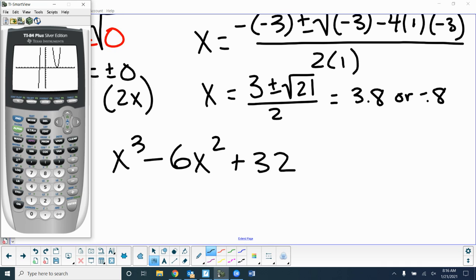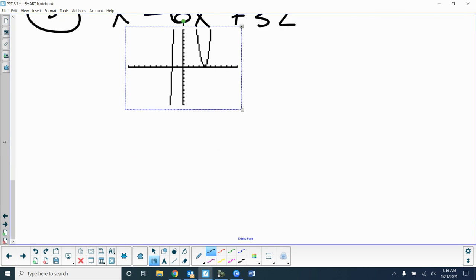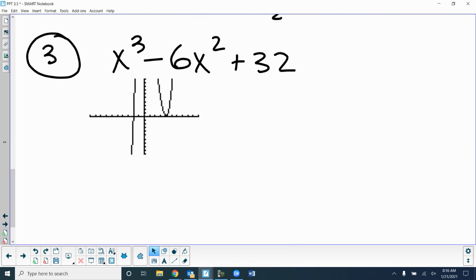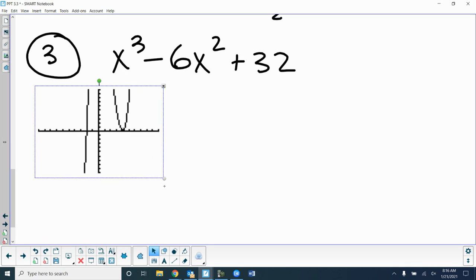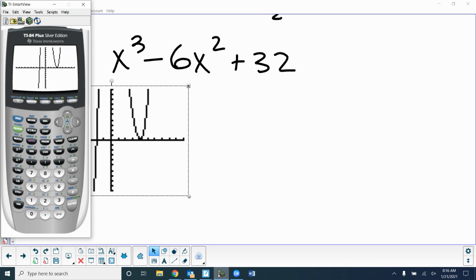All right. So let me move this over so you can see it. Looks like negative 2 and 4. Again, what do I look at to make sure? Second graph table, right? Negative 2 and 4.